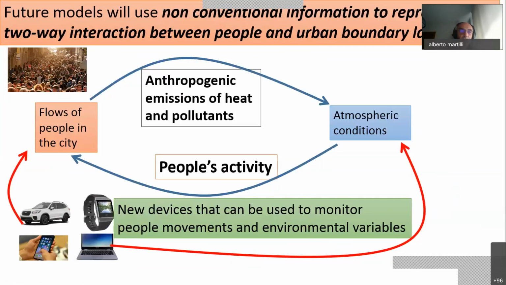So if you are able to assess the accuracy of this information, we will have a huge amount of information that can be used in many ways. It can be used, for example, to test the models and to improve them, but also to understand how people behave in the city, how people move, and what people do. So this is important information, for example, to estimate the anthropogenic emission of heat and pollutants.